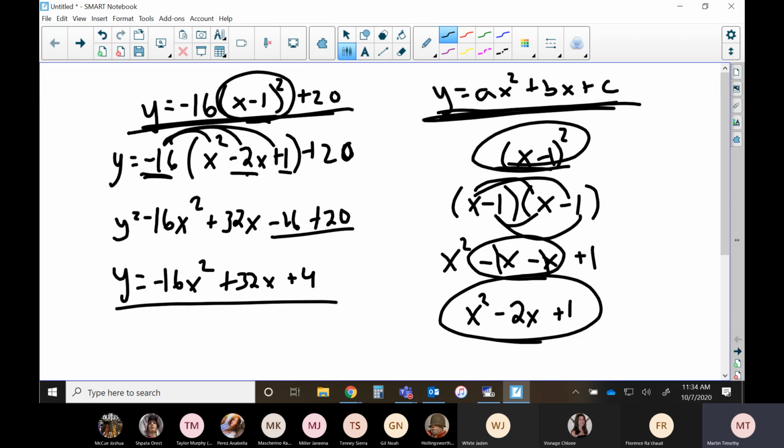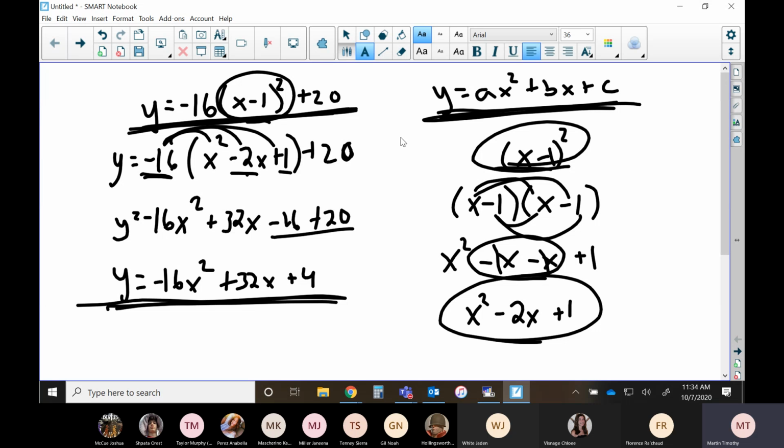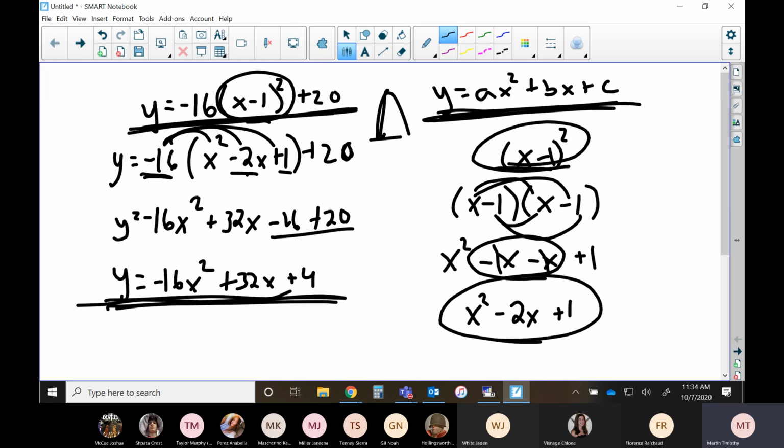What would happen if I graph this and I graph this? When I graph this one, it would look like that. Or actually, that's false. It would be facing down. And when I graph this one, it would be the same exact graph. These two things are the same exact equation.